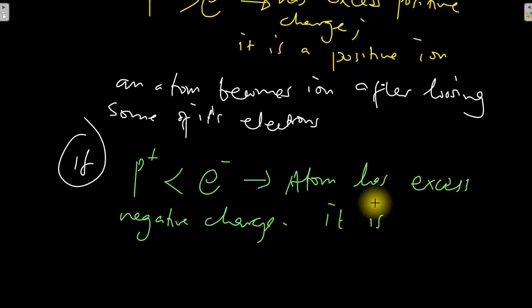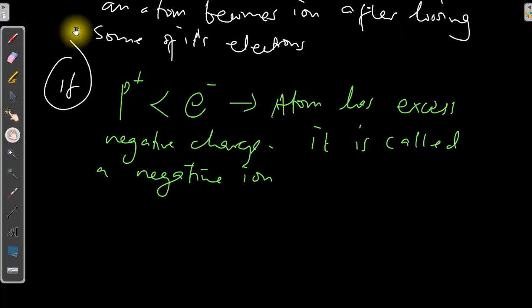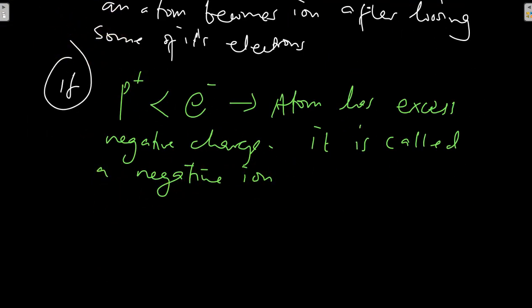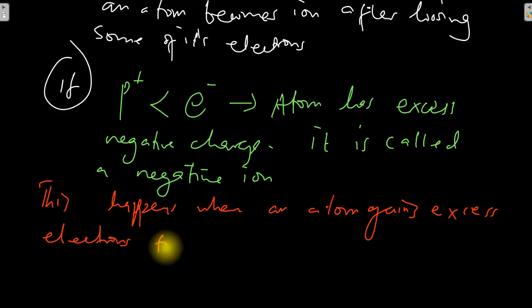So in this case, it is called a negative ion, and this happens when an atom gains excess electrons, most probably from another atom.